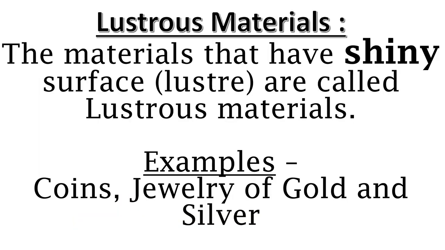What are lustrous materials? The materials that have a shiny surface or lustre are called lustrous materials. Examples: coins, jewelry of gold and silver. Any object which has a shiny surface, which appears bright and shiny to us, is termed a lustrous material.